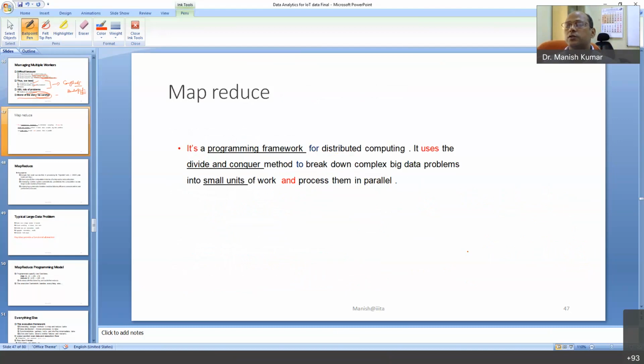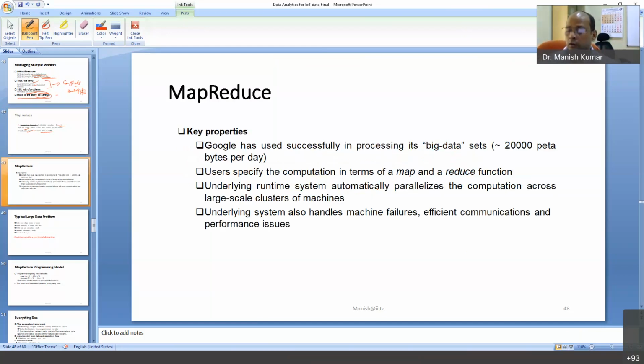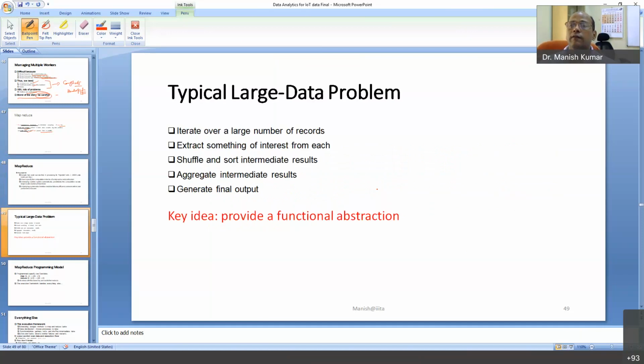MapReduce is a programming framework for distributed computing. It uses simple divide and conquer, and obviously smaller units of work can be processed in parallel. So what are the things that can happen when you do large data processing?